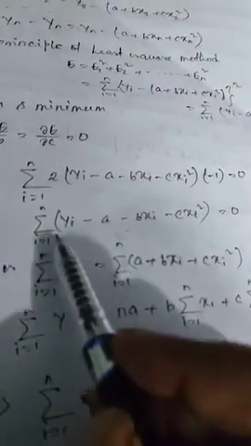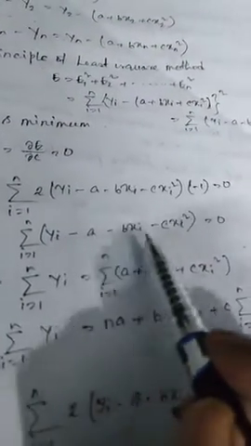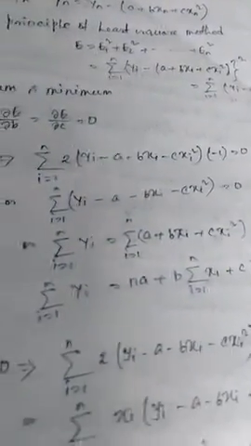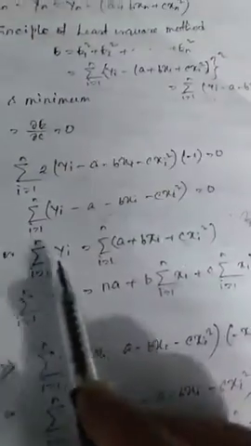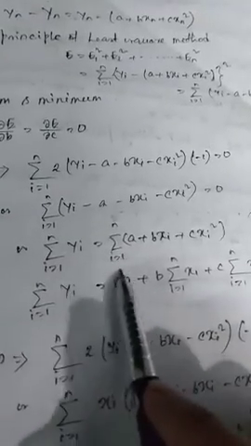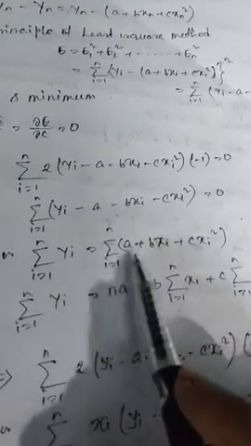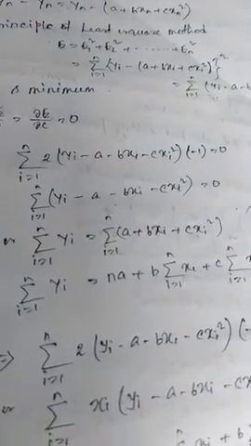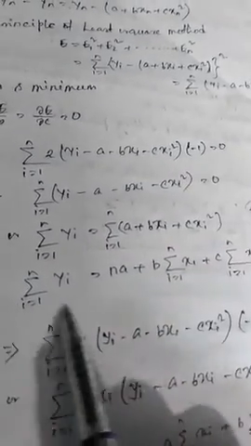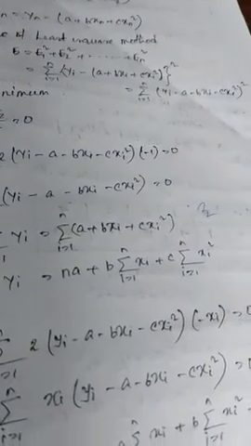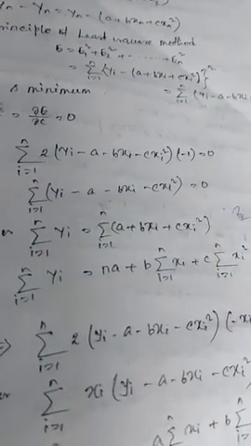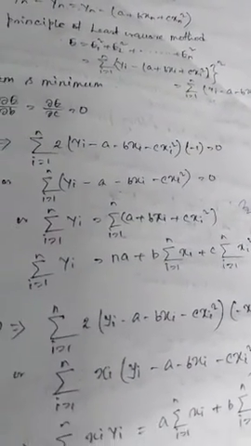If we simplify, we get the summation of (yi minus a minus bxi minus cxi square) equal to 0. Simplifying further, the summation of yi is equal to na plus b into summation xi plus c into summation xi square, where i varies from 1 to n.